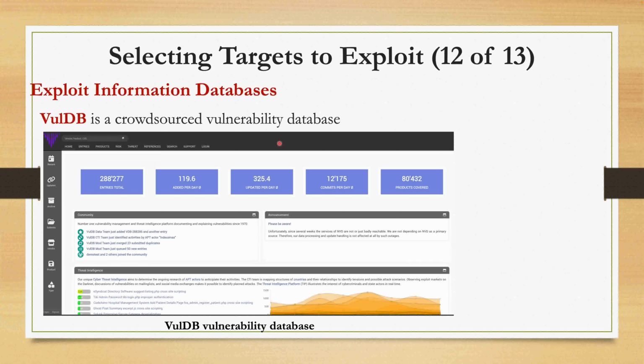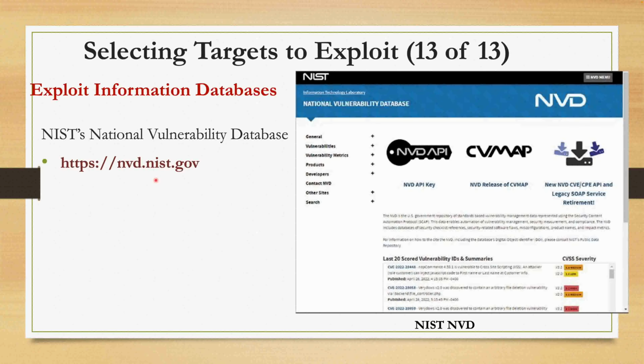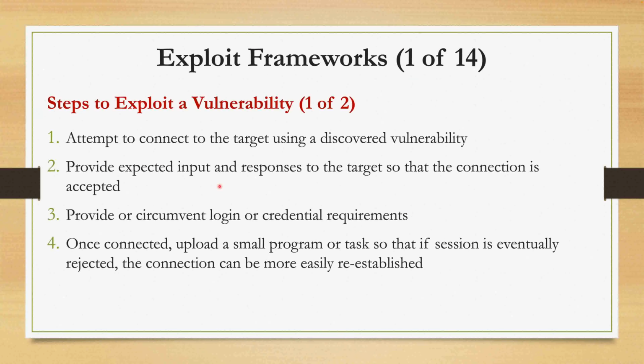That's another website that it's good to become familiar with as well. And finally, we have NIST, which is the National Vulnerability Database, and here's the link. That's also another important website for you to become familiar with.